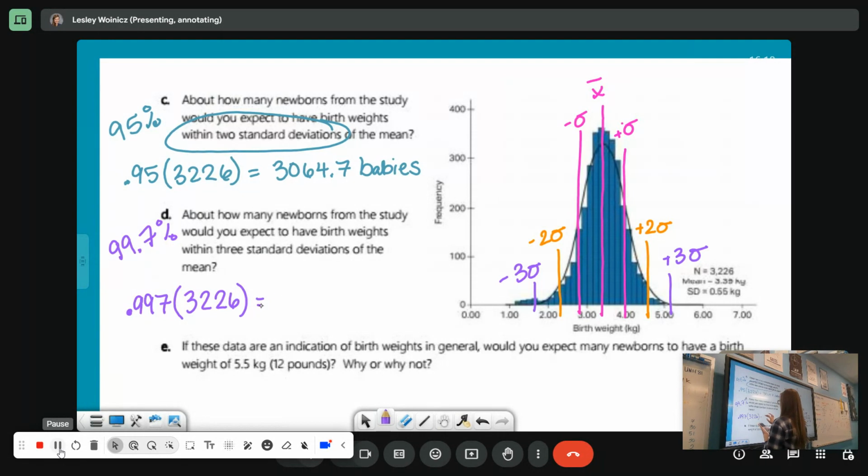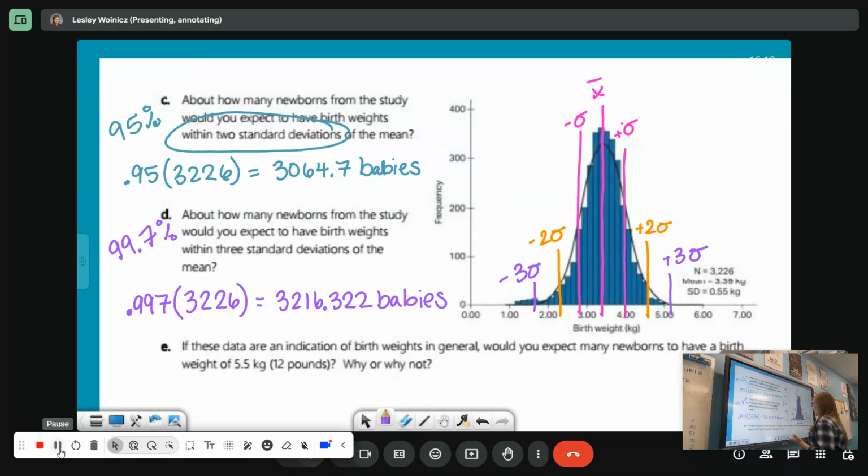That is 3,216.322 babies. Okay, so like that's most of the babies, right? We've only got 3,226 babies, so only 10 of them are outside of 3 standard deviations. It's most of our babies.